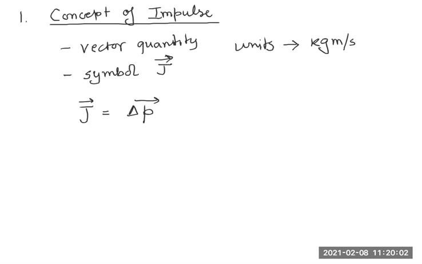Now, you may say that I can use the same sentence with the word force instead of impulse. When a force is imparted on a system, its momentum will change. Right? And you are absolutely right. So, what is the difference between force and impulse?